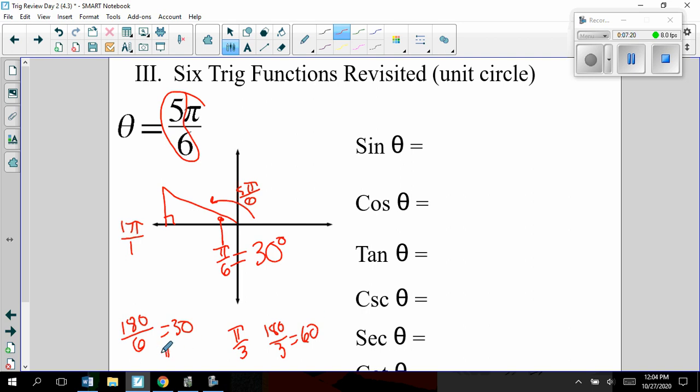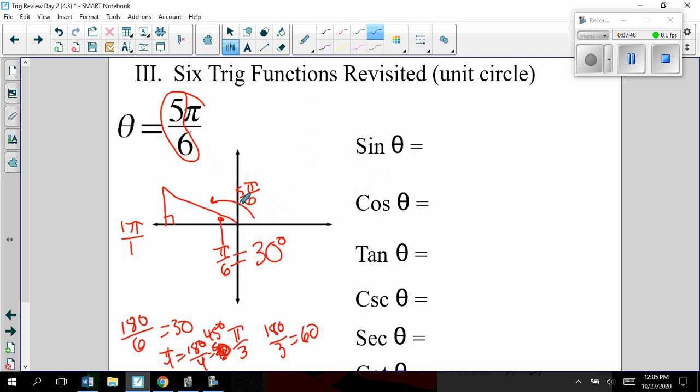If you have pi over 4, that is 180 over 4. That's not as clear, but that is 45 degrees, because you're breaking it into half, which is 90, and then half, which is 45. That will come back when we talk about the unit circle in a couple slides. Okay. All right. So back to actually evaluating this.